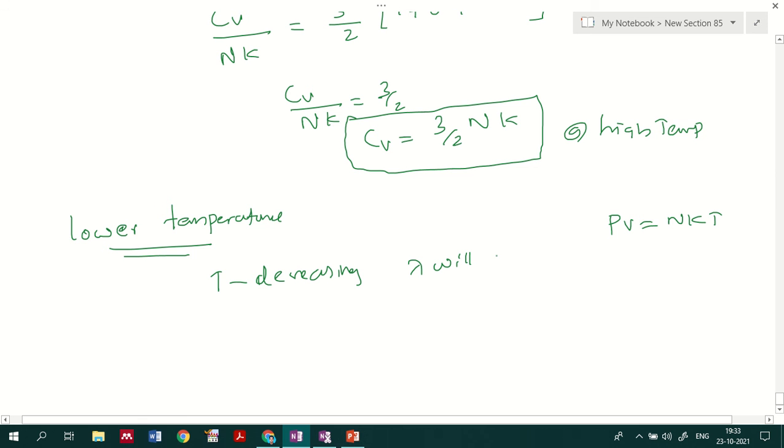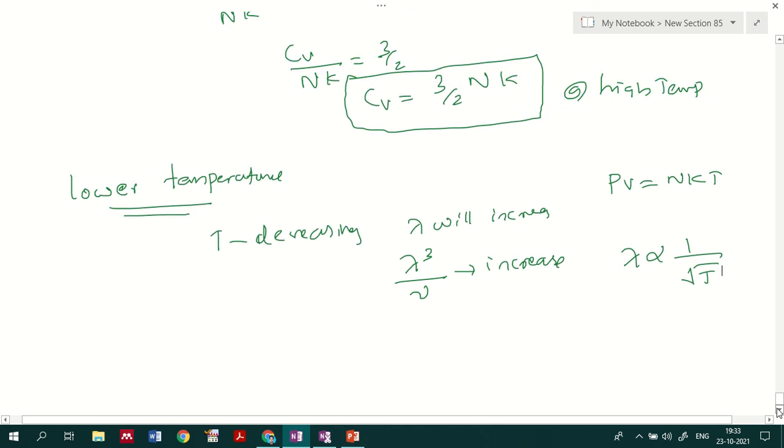So lambda cube by V will also increase in that situation, because lambda is proportional to 1 by root T. If the temperature is decreasing, lambda is increasing, so lambda cube by V is also increasing. That was the situation for the lower temperature case.